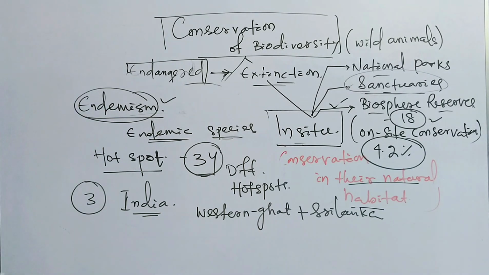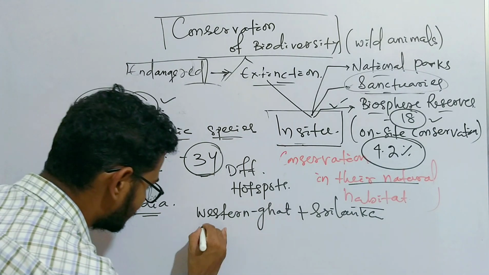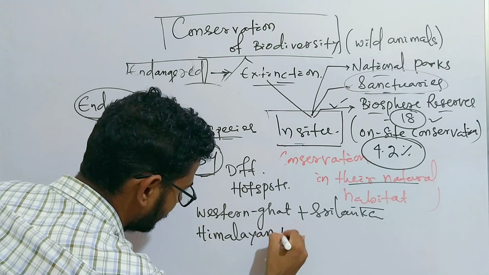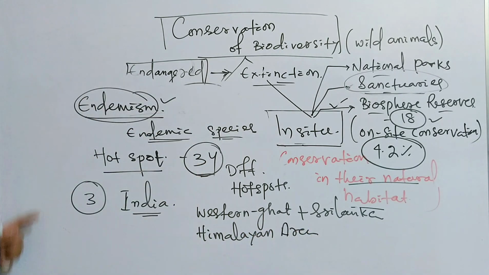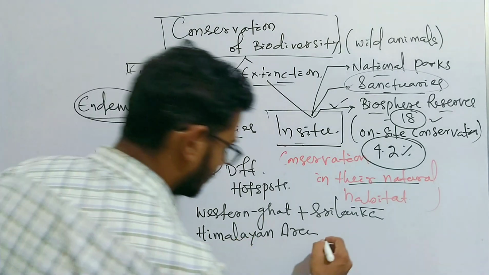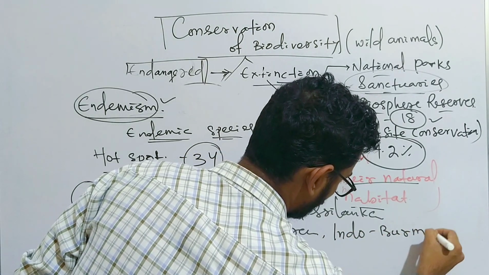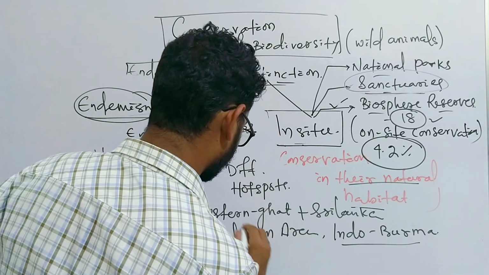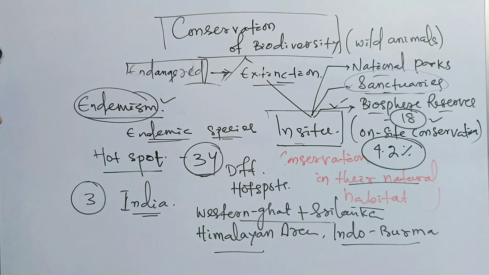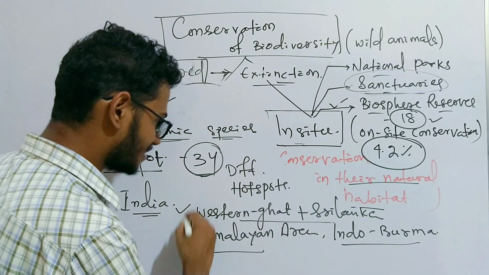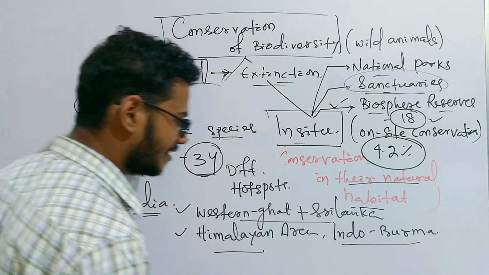Okay, second one is the Himalayan region, Himalayan area. Another is the Indo-Burma area. So these are the 3 different hotspots related with Indian geographical area: Western Ghat plus Sri Lanka, Himalayan area, and Indo-Burma area, right?